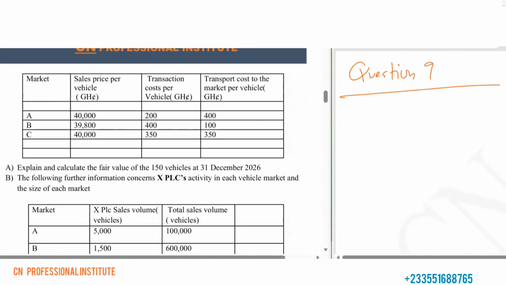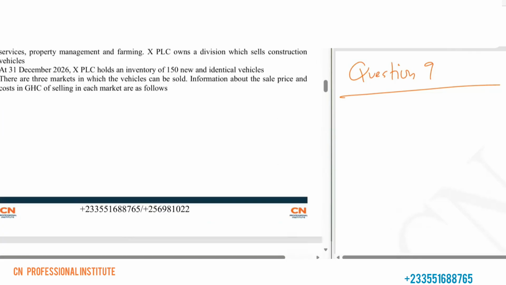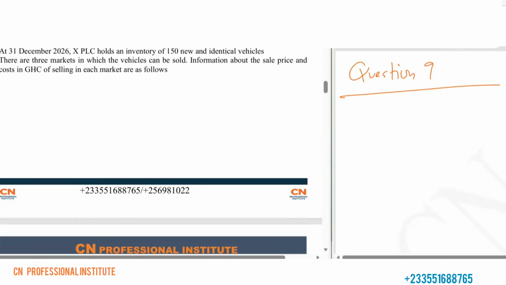So we have the markets A, B, C. We have the selling price per vehicle in Ghana cedis, transaction cost per vehicle in Ghana cedis, and transport cost to the market per vehicle also in Ghana cedis. And it says explain and calculate the fair value of the 150 vehicles at 31st December 2026. All right. So let's see.